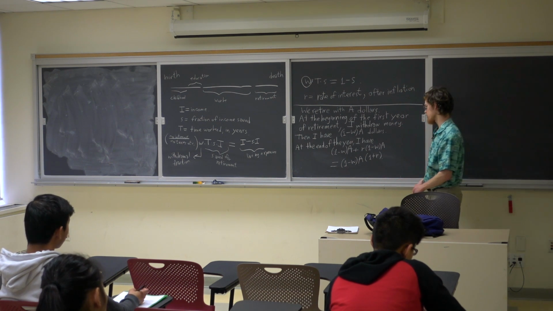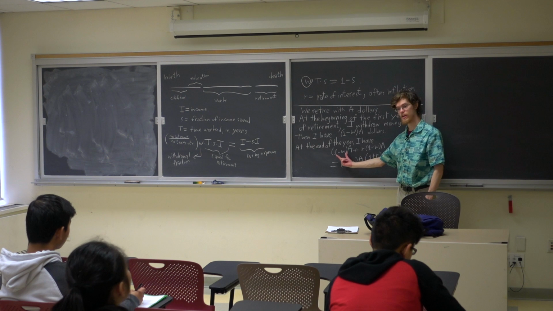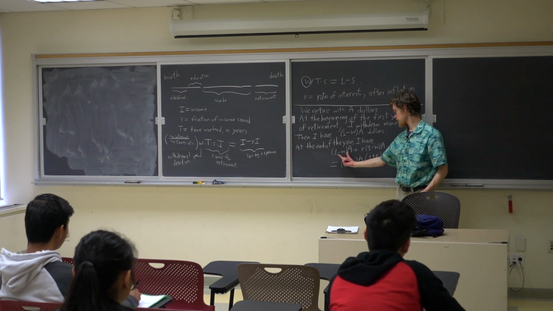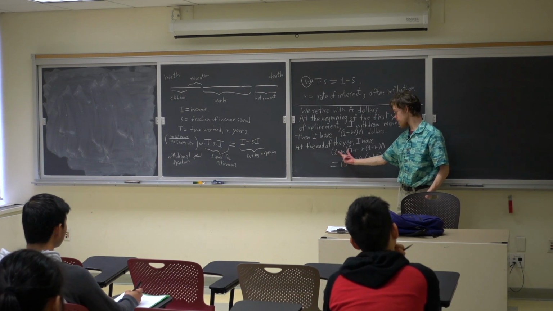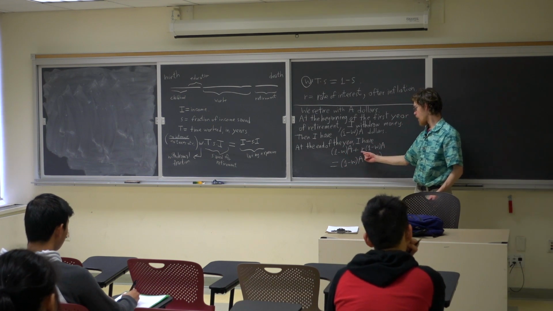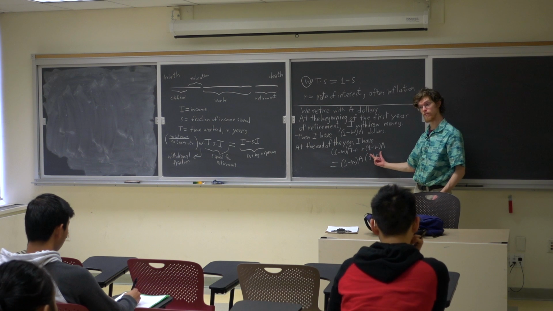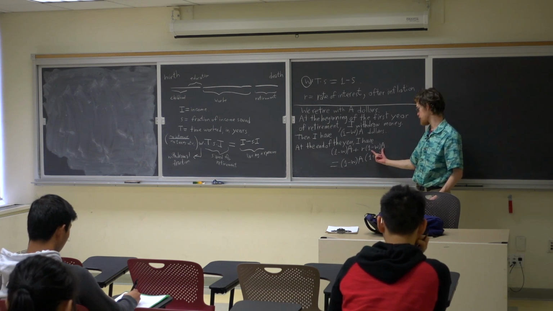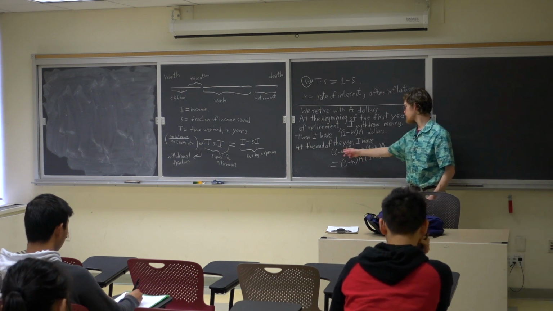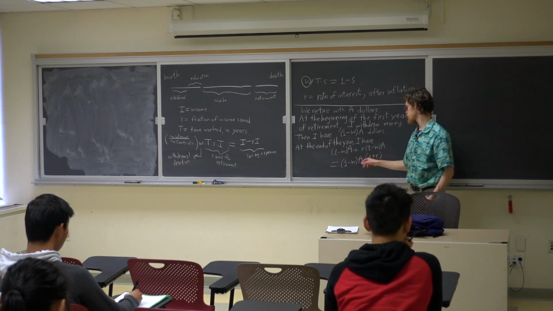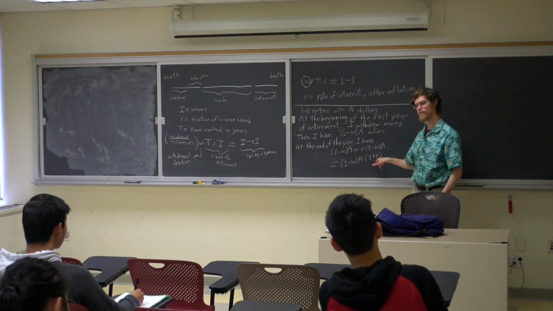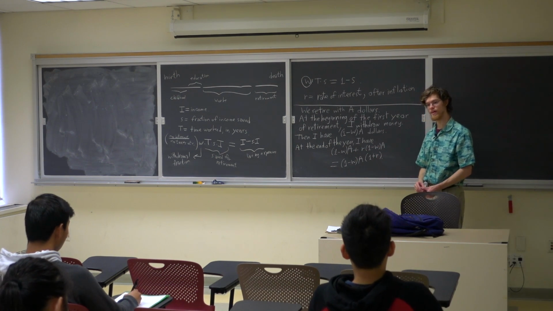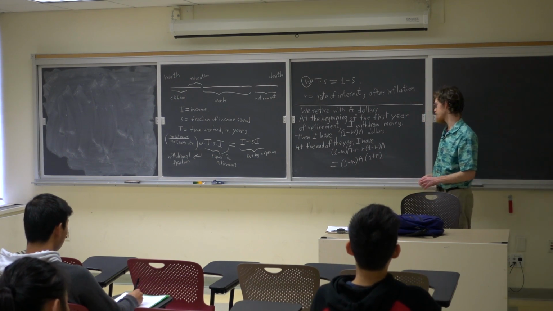Did you follow that? This was the amount of money I had at the beginning of the year after withdrawing for expenses. Then at the end of the year, I have that amount of savings plus R% of it added to my savings from interest paid to me by the bank. Then I factored out 1 minus W from both terms, and I factored out A from both terms, and that left me with 1 plus R on the right. And so this is the amount of money I have at the end of the year.